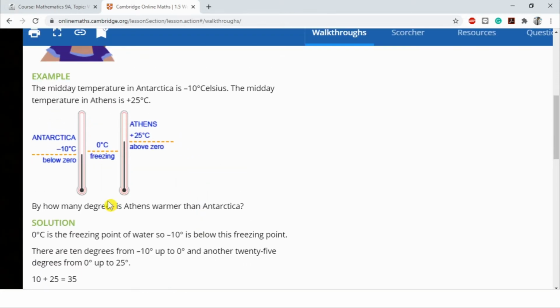The question here is, by how many degrees is Athens warmer than Antarctica? In Antarctica the temperature is negative 10 degrees Celsius, but in Athens it is positive 25 degrees Celsius.